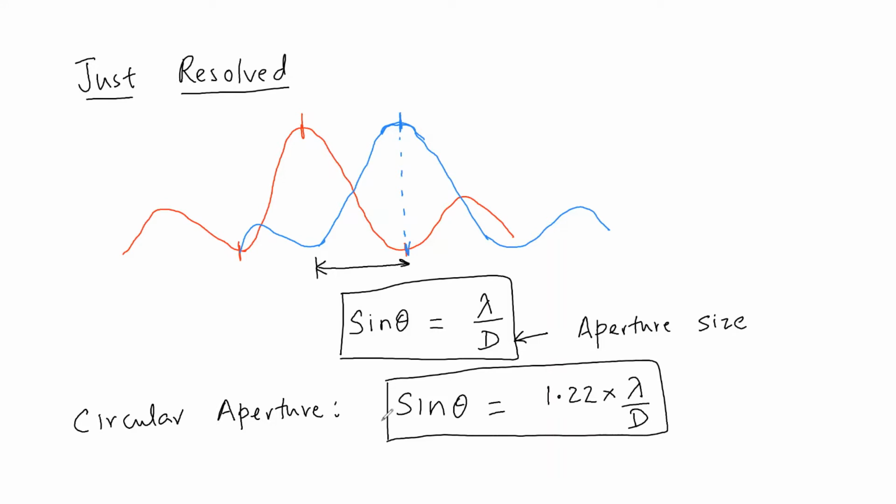So this is how we derived the angular separation formula, where theta represents the angular separation between the two just resolved objects. We can use this formula to arrive at the minimum angular separation required between the two objects to view them as just resolved.